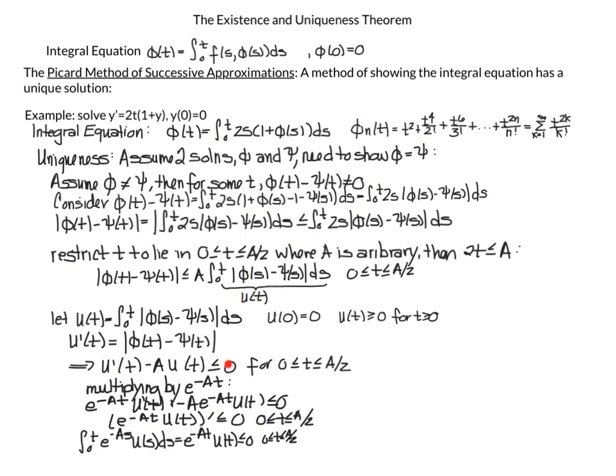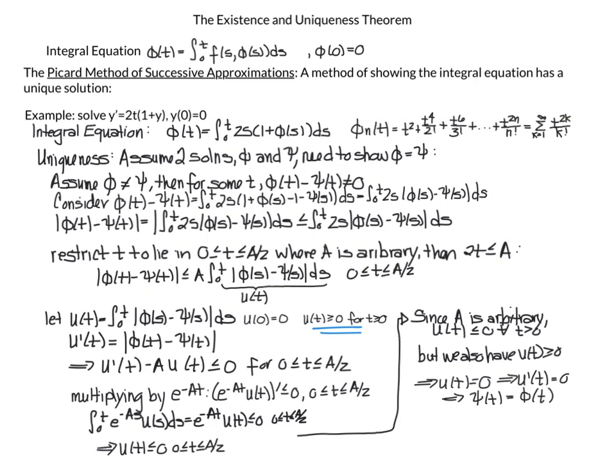And it's linear, so I can solve it using an integrating factor, e to the minus at. I did that here, and my solution is e to the minus at times u of t is less than or equal to 0. What that tells me is, since the exponential is positive, u of t must be less than or equal to 0 on the interval from 0 to a over 2.